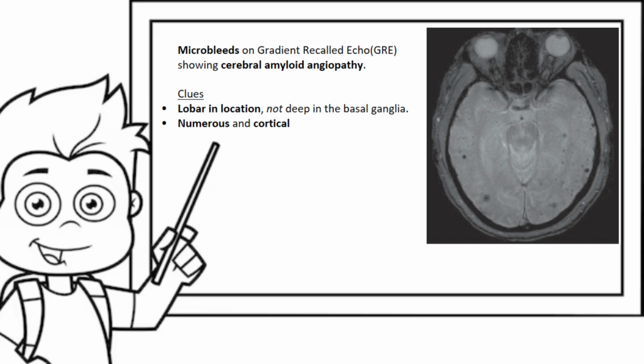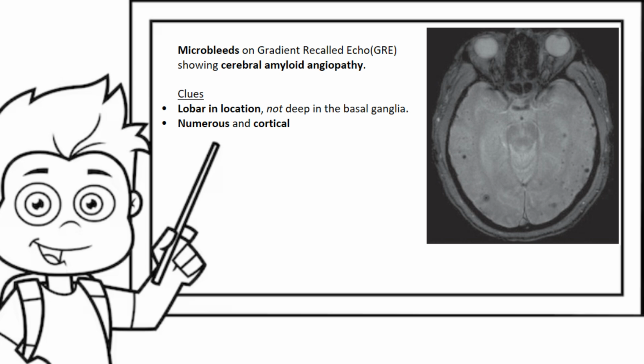What you're seeing is classic for what we call cerebral amyloid angiopathy. And this is where fragile blood vessels leak and leave behind tiny hemorrhagic footprints. Think of them like old scars, each one a silent sign that the brain's small vessels are weakening and bleeding. Now, how do we know it's not something else?